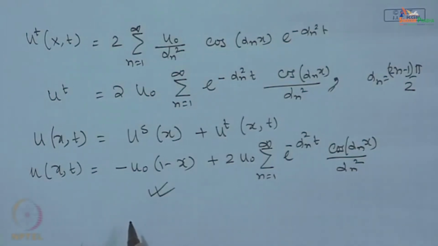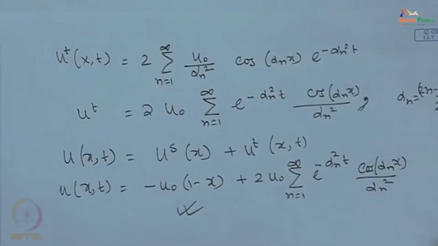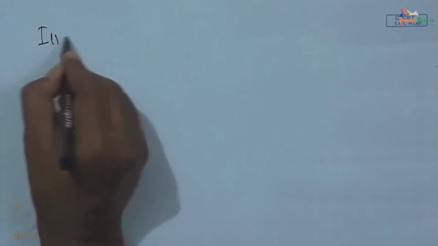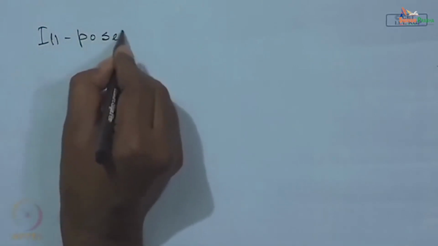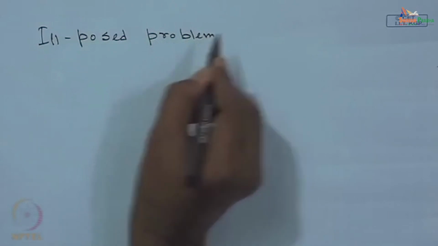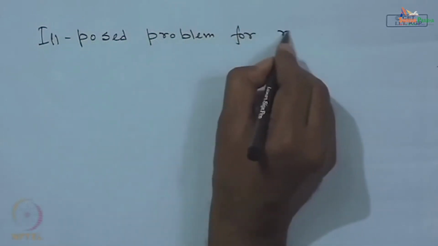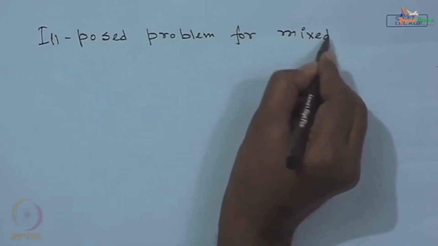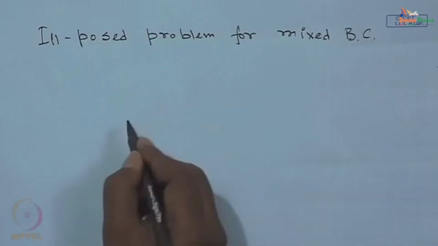Next, we take up an ill-posed problem where the boundary condition is a Robin mixed boundary condition.